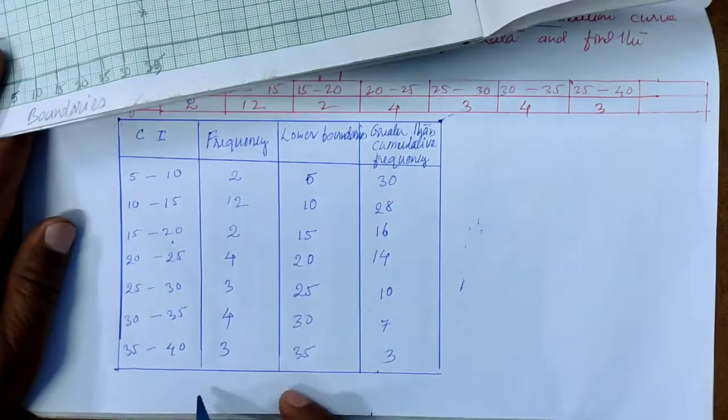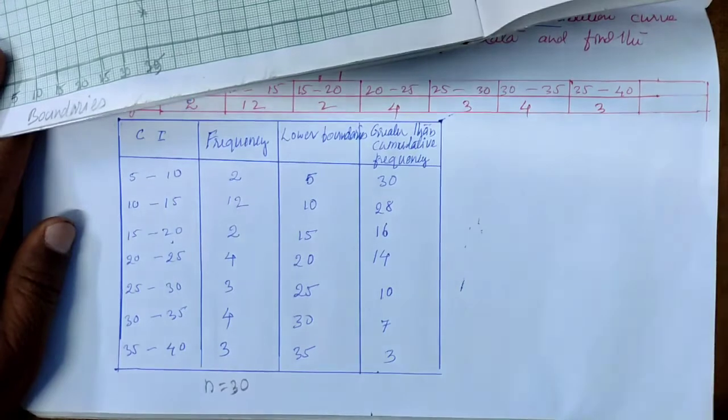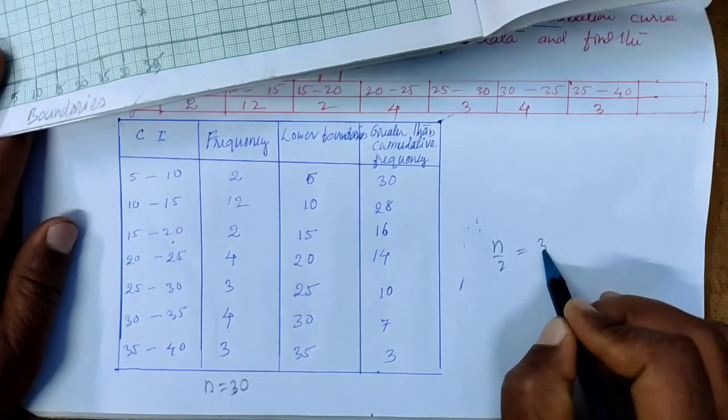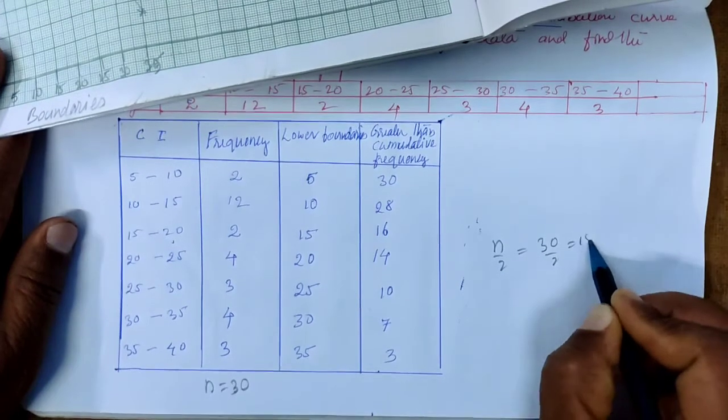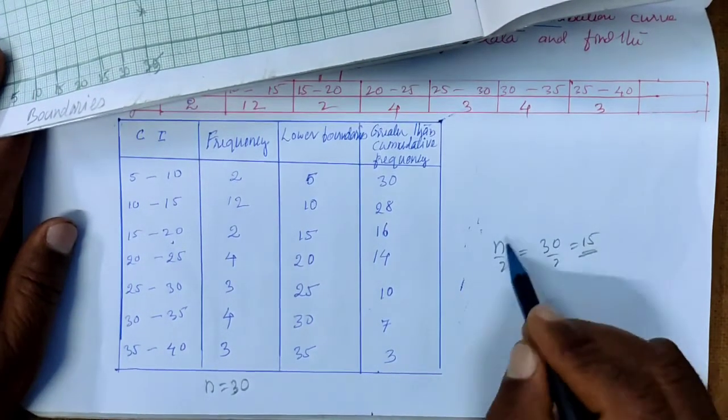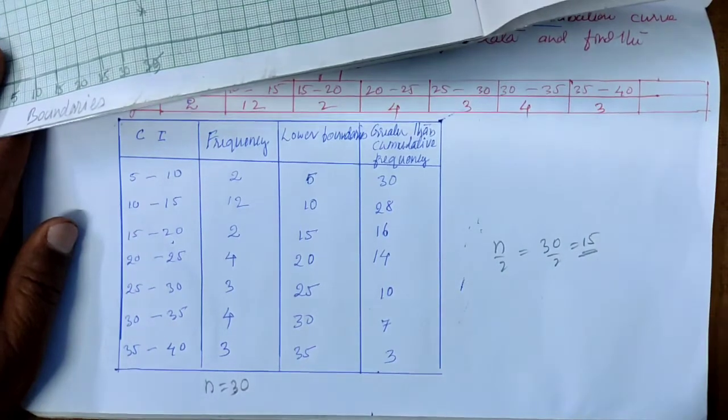So n is equal to 30, and n by 2 is 30 by 2, which is 15. Half of n is 15.